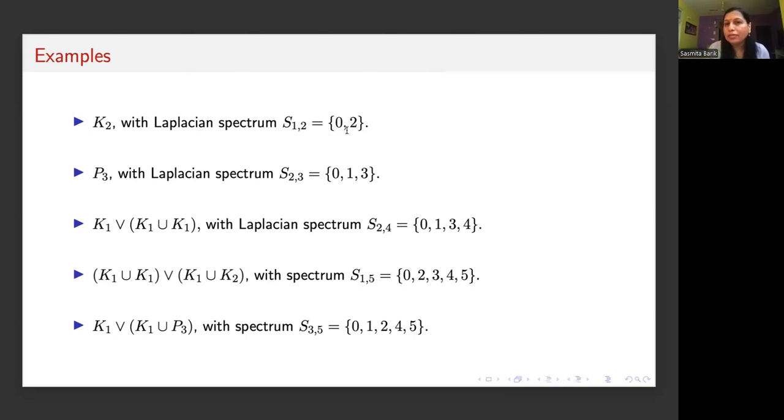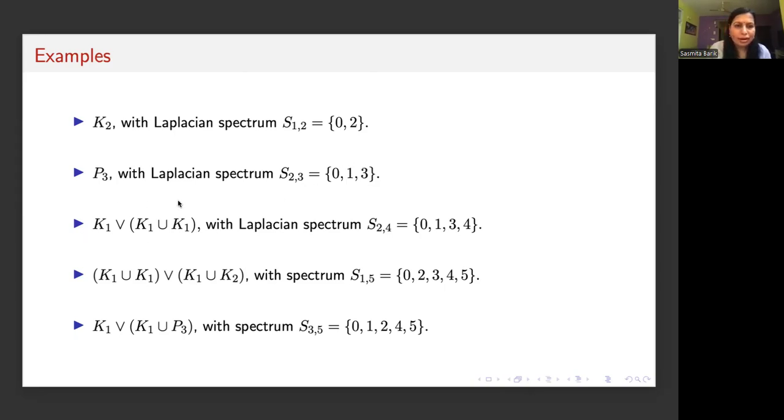Here 1 is missing; it takes distinct numbers between 0 and 2, and 1 is missing. So this is S_{1,2}. For P3, the graph on 3 vertices, the Laplacian spectrum is 0, 1, 3. So this takes the spectrum S_{2,3}. Okay, 2 is missing here.